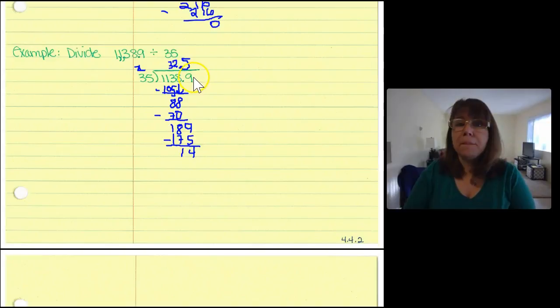Now, although the number in our dividend stops, I still have some numbers to go. So I'm going to just add a placeholder of a 0, bring it down like it was already there, and now start my process again.